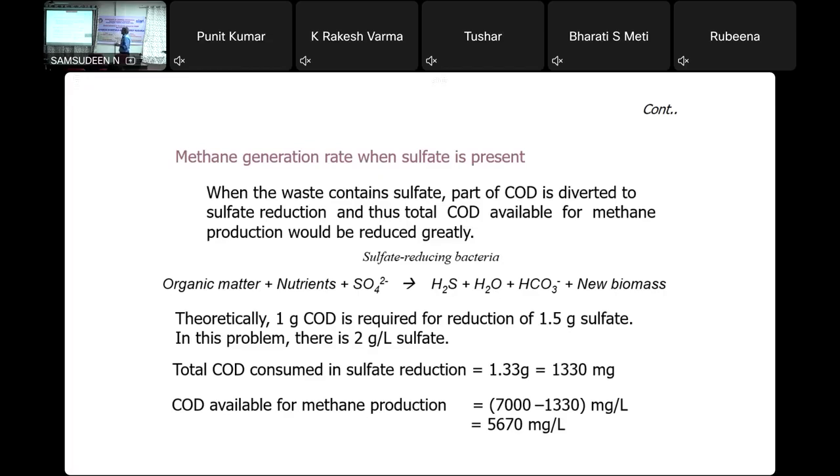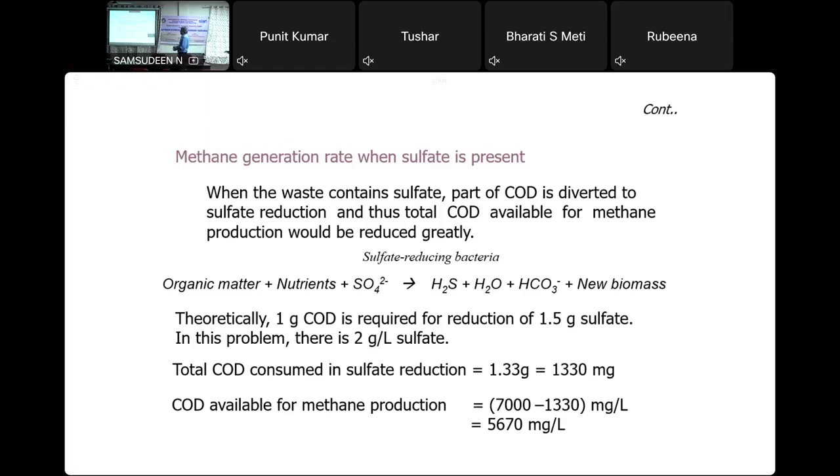Okay, so the equation here is organic matter plus sulfate produces hydrogen sulfide, water, carbonate, and new biomass. That's the sulfur reducing bacteria biomass for this particular reaction. Theoretically, 1 gram COD is required for reduction of 1.5 gram sulfate. That's theory.